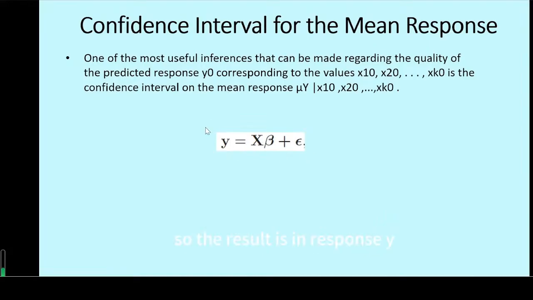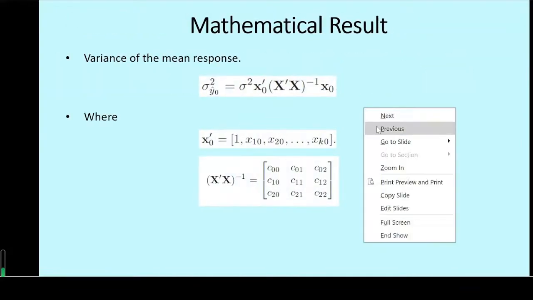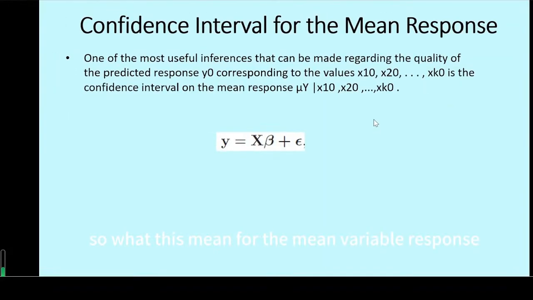So the result is n responses Y. Say we want to estimate the mean response of Y, which we call Y0, from the given variables x10, x20, until xk0. So we can write mu Y given x10, x20 until xk0. What does this mean for the mean response?